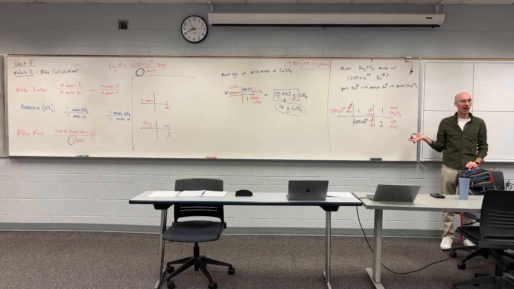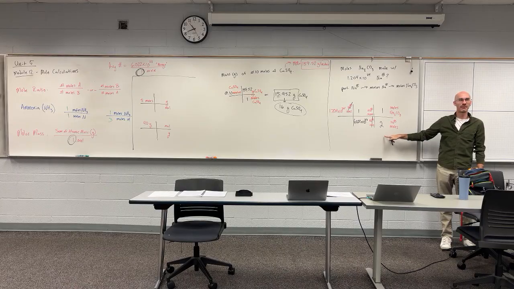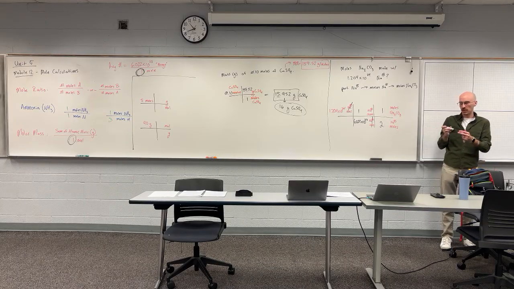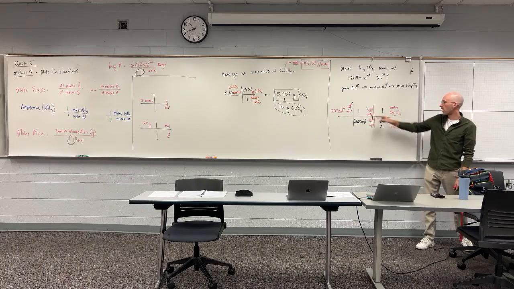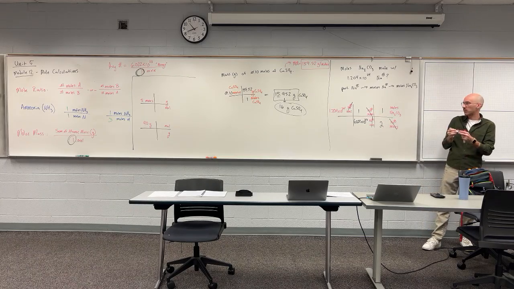This is not the only accurate ratio, by the way. You could have also put 0.5 and 1. If I have 1 sodium ion, then I have half a sodium carbonate. That just feels weird. So it's nicer to put 1 and 2. Notice how moles of sodium ion cancels. The only unit I'm left with is moles of sodium carbonate.